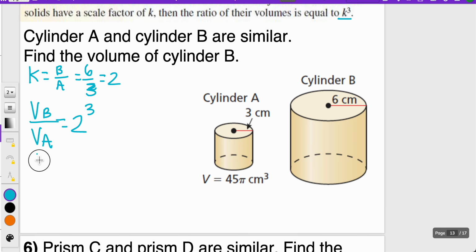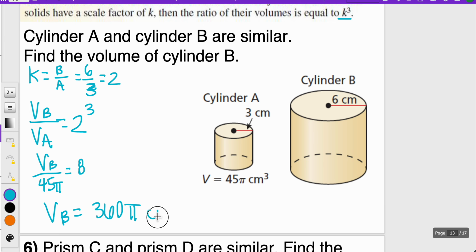I don't know the volume of B, but I do know the volume of A, and the volume of A is 45 pi, and that's equal to 8. So in order to find my answer, I'd be multiplying 45 times 8, and I'm going to keep it in terms of pi, so the volume of B is 360 pi centimeters cubed.